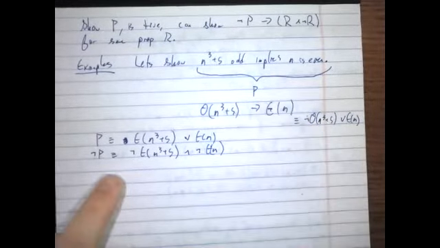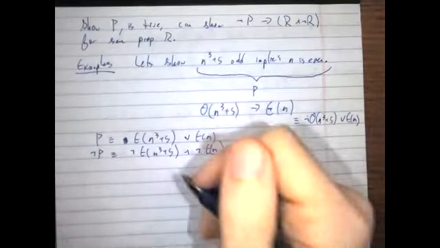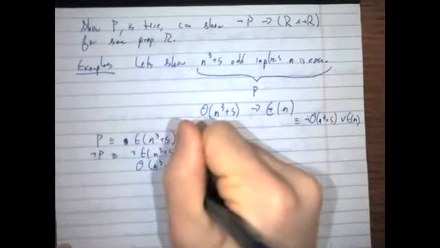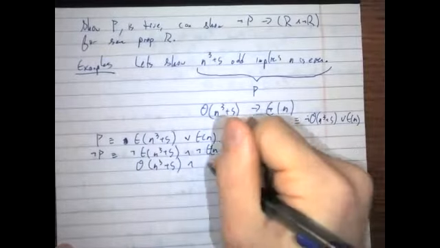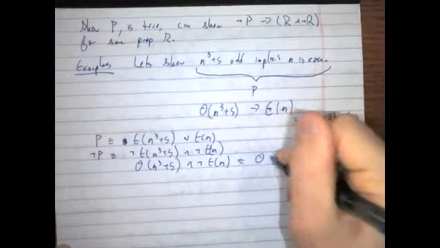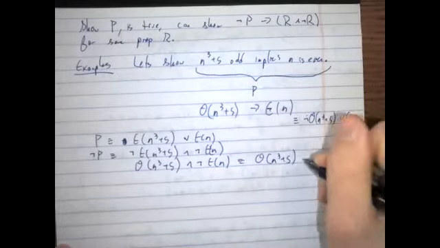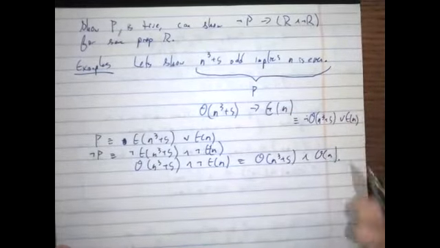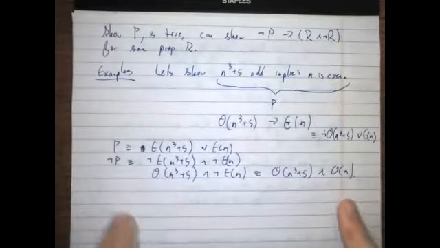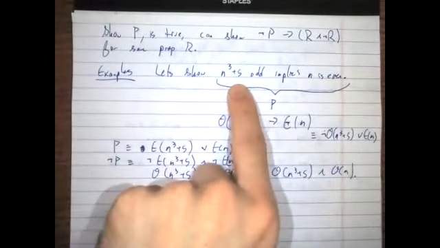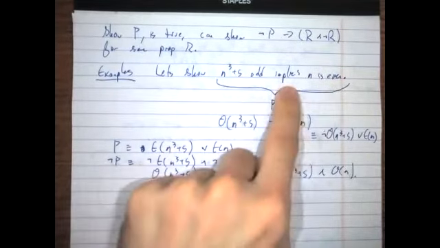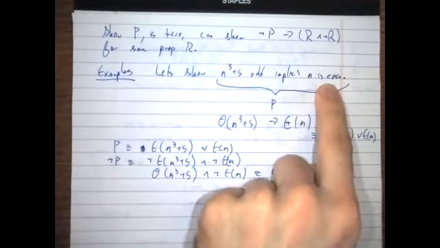And if I translate this back into my original statement, this is the statement that O of n cubed plus 5 and O of n. So maybe this wasn't too complicated, but the idea is if you want to negate an implication, you take the hypothesis and the negation of the conclusion.